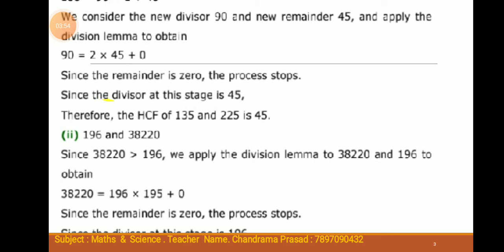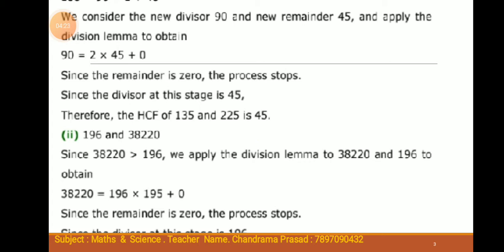Since the remainder is 0, the process will be stopped. Since the divisor at this stage is 45, the HCF of 135 and 225 is 45. This is the answer.